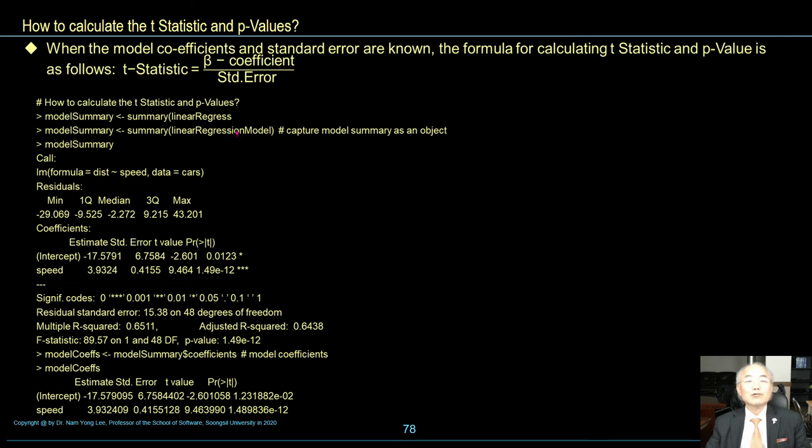How to calculate t statistic and p-value when the model coefficient and standard error are known? The formula for calculating the t statistic is: t statistic equals the beta coefficient over the standard error. How to calculate the t statistic and p-value from the model summary?